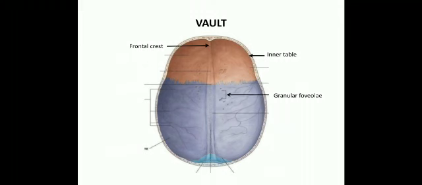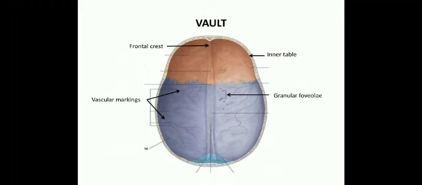The granular foveae are deep, irregular, large pits situated on each side of the sagittal sulcus. They are formed by the arachnoid granulations. They are larger and more numerous in aged persons. We can observe the vascular markings, the groove for the anterior branch of the middle meningeal artery and accompanying veins.